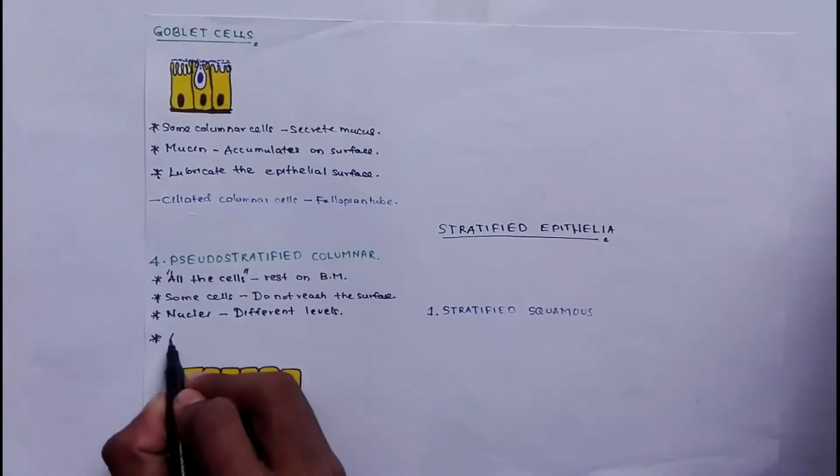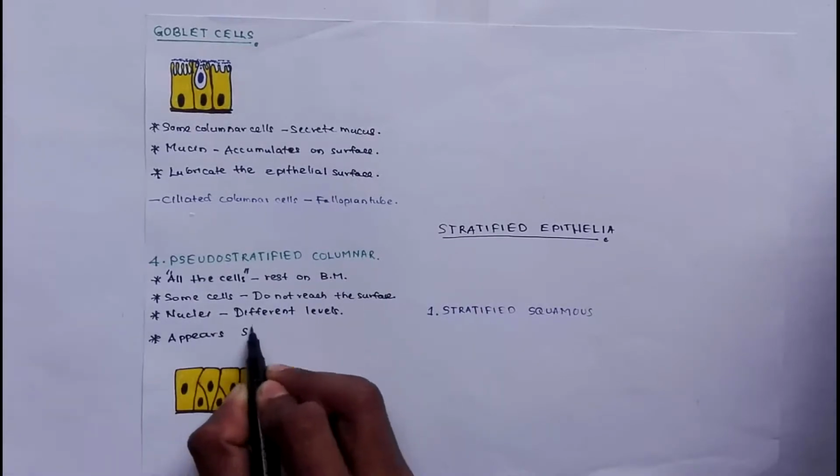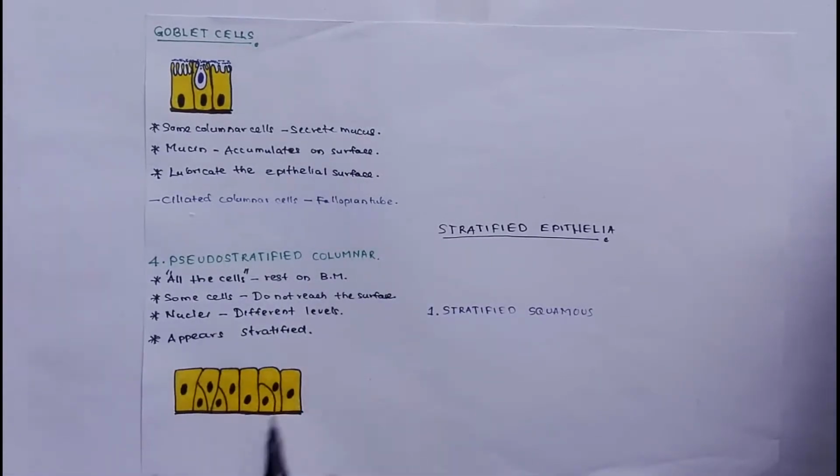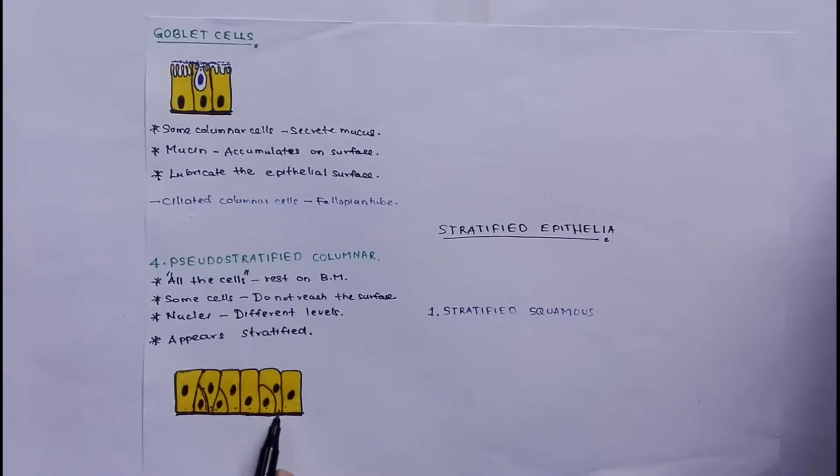Therefore, the epithelium appears stratified. Here you can see some cells reach the surface and some cells don't, and the nuclei lie at different levels.